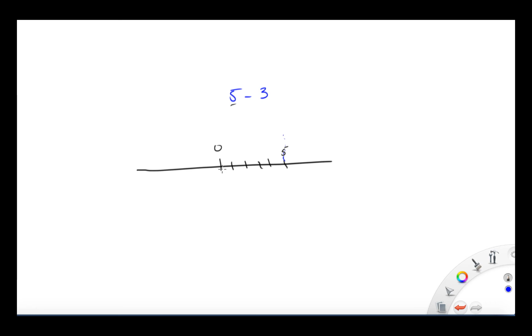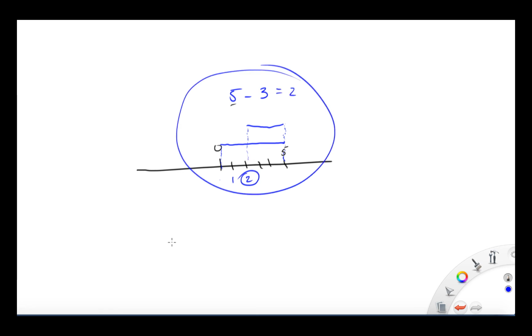If we went from 0 to 5, that's our first one, and now we subtract 3, 1, 2, 3. Where does that end us? We have 0, 1, 2. There's our number. Equals 2. That's what we're looking for.